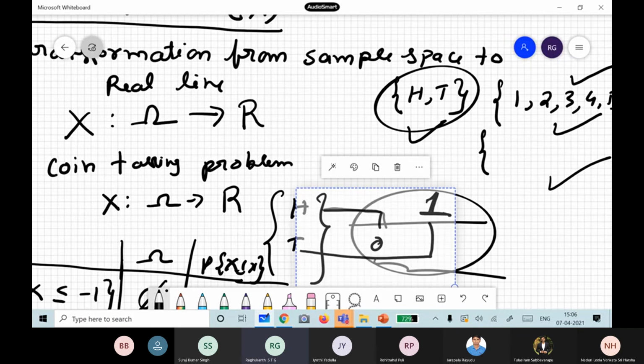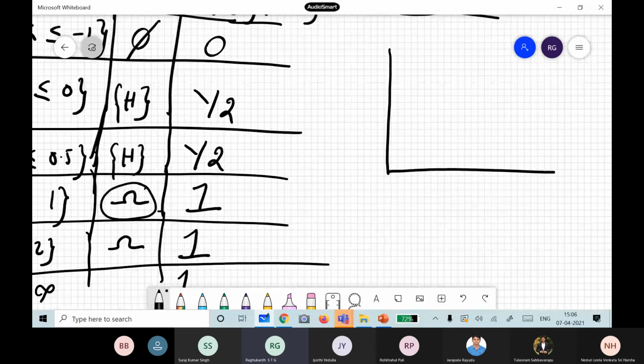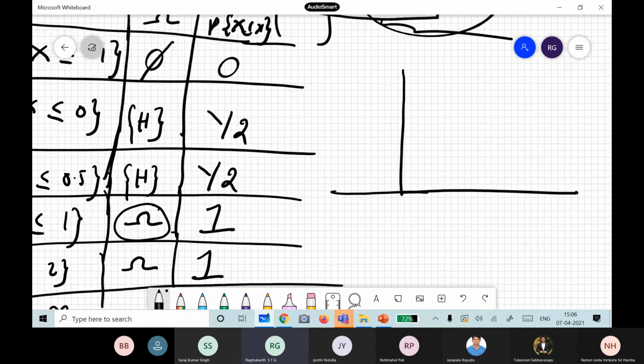So now we can plot this actually. If I try to plot here, I can plot these numbers also. So my sample space is how much once it has been transformed to real line? Initially it was head and tail only, but once you have transformed to real lines, what is the sample space? Minus infinity to plus infinity.